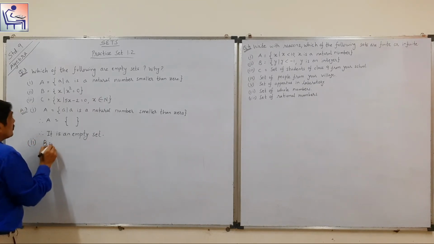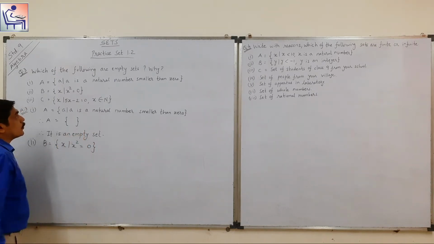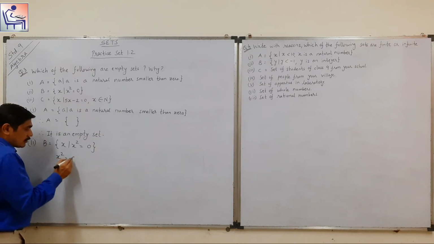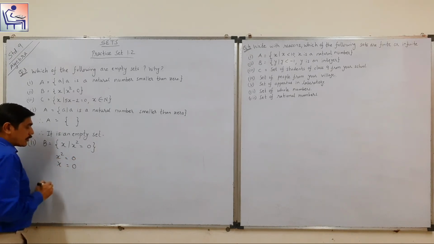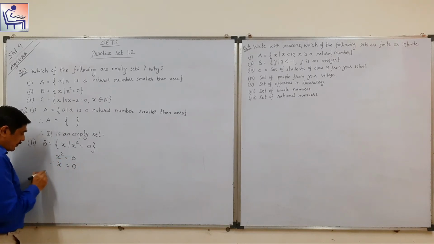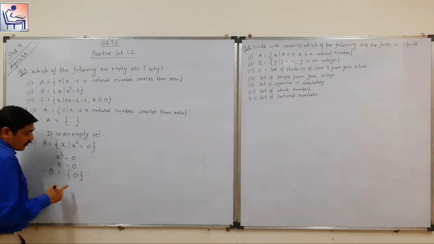B is the set of all x such that x square is equal to 0. If x square is equal to 0, then x is equal to 0, because the square root of 0 is 0. Therefore, B is equal to {0}.